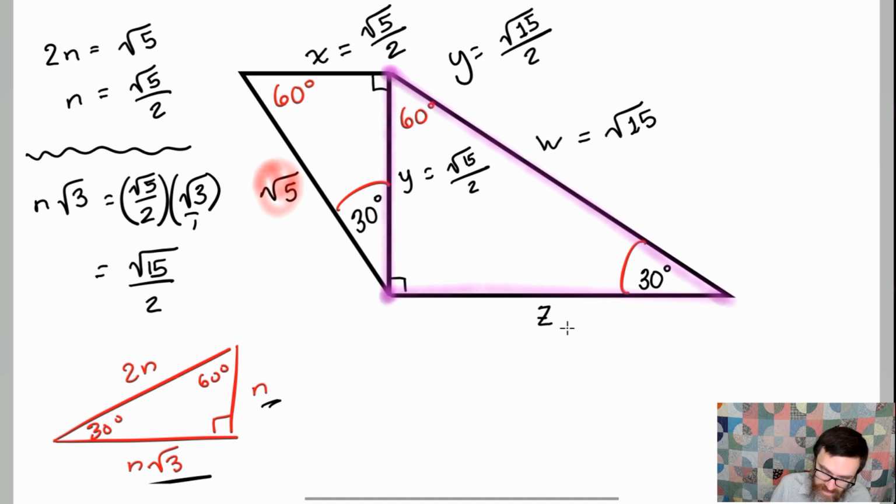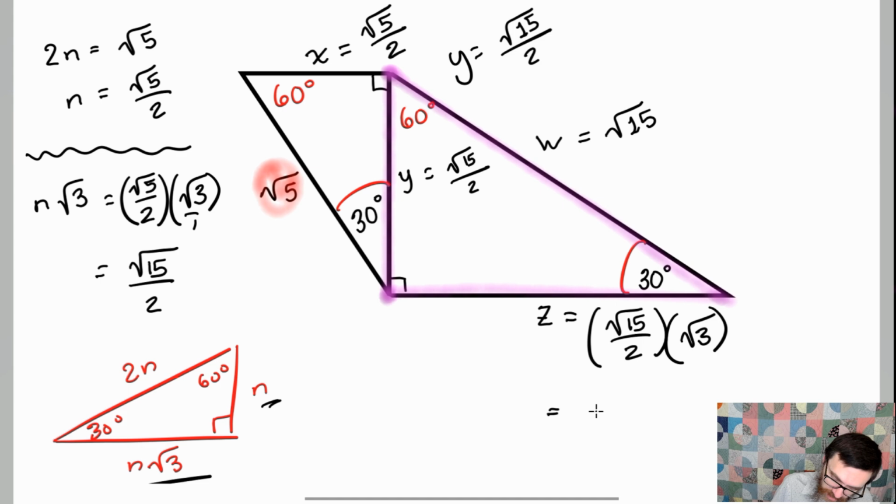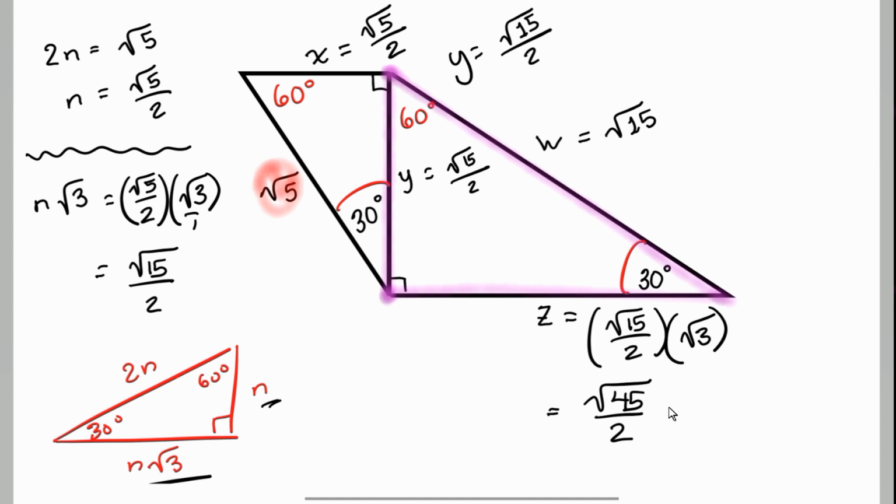But now I've got to figure out what z is. So z is supposed to be this guy right here, square root of 15 over 2 times the square root of 3. And this gives me the square root of 45 over 2. But we can't leave it like that, because 45 has a factor that's a perfect square, so this factors as 9 times 5.